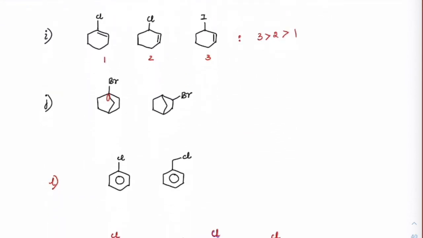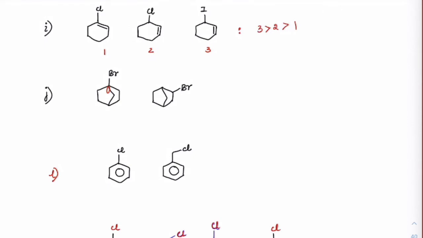Right. See the next one now. Here we know that bridgehead position halides cannot be removed by substitution. So bridgehead substitution doesn't take place.